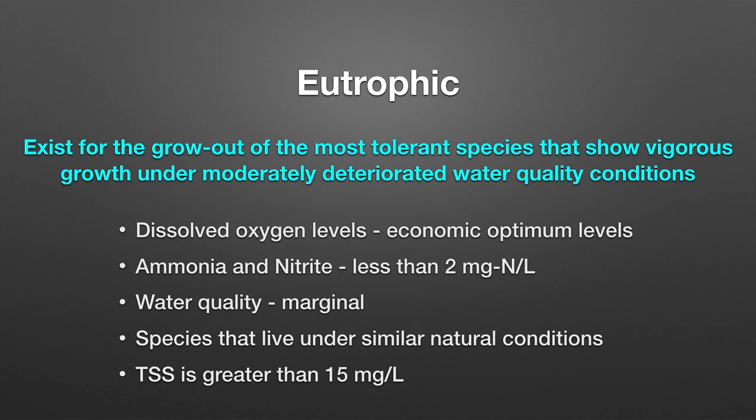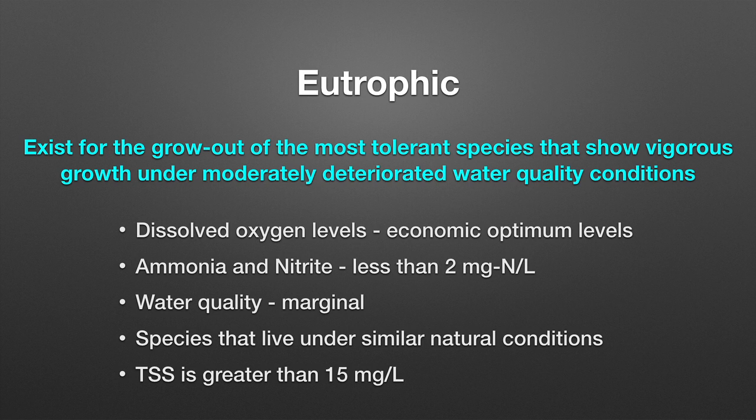Eutrophic systems exist for the grow out of the most tolerant species that show vigorous growth under moderately deteriorated water quality conditions, so pretty tough fish. Dissolved oxygen levels are maintained at the economic optimal level, which can be as low as 3 milligrams per liter. Ammonia and nitrite are typically less than 2 milligrams per liter, but greater than 1.